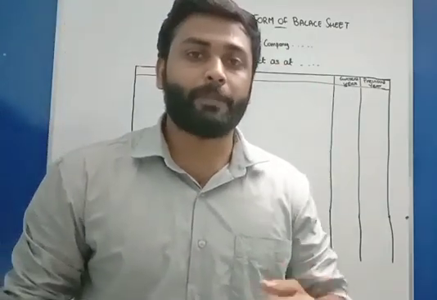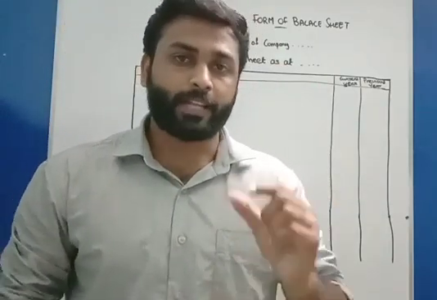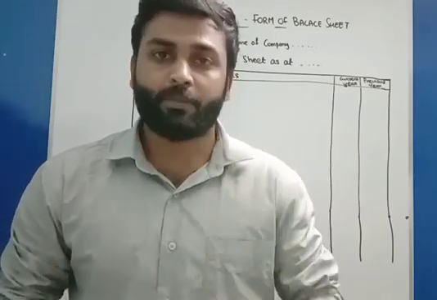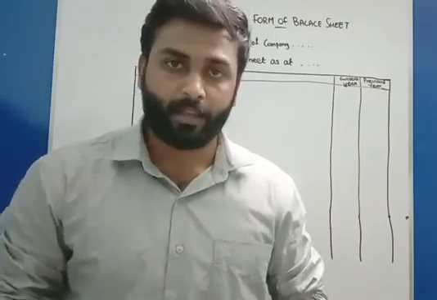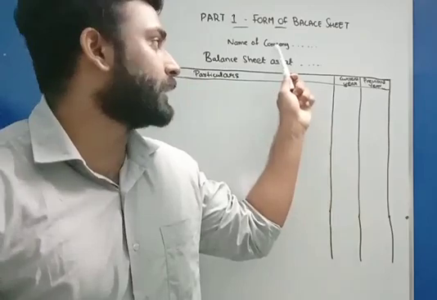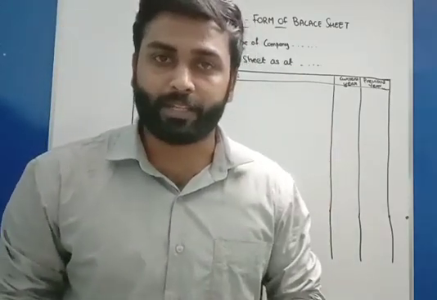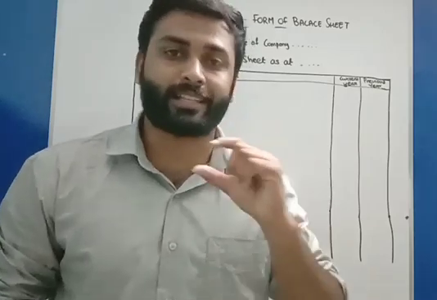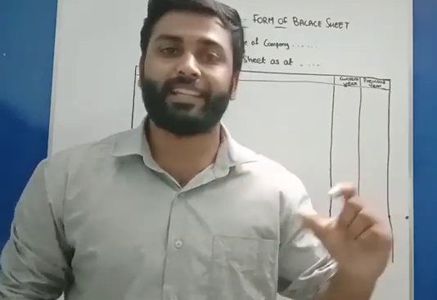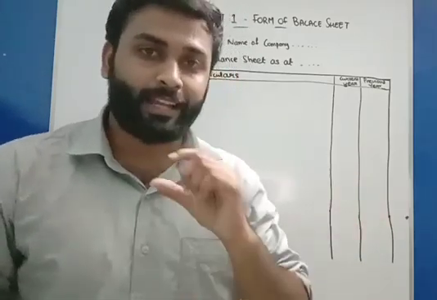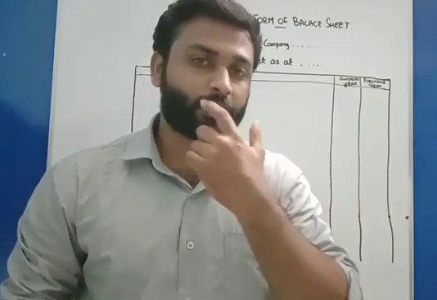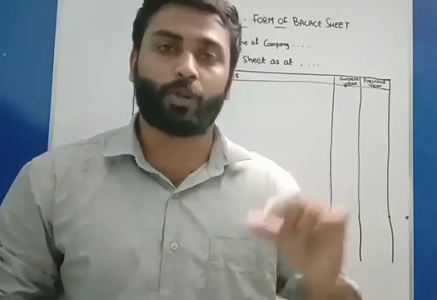When we prepare a balance sheet, first we should write the name of company at the top. Suppose ABC Limited is a company, so as a heading we have to write ABC Limited. Then the address of that company also we should note.